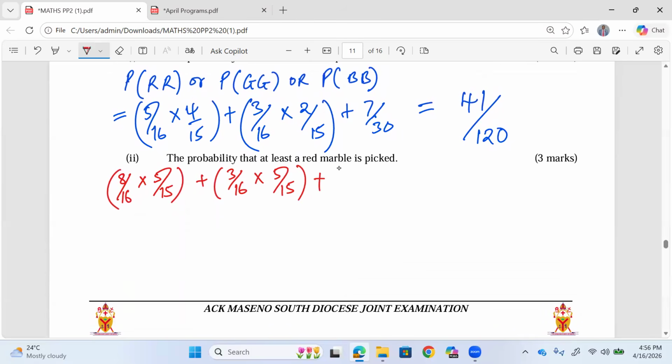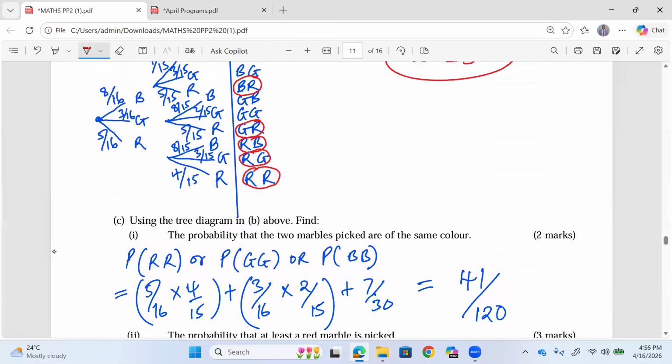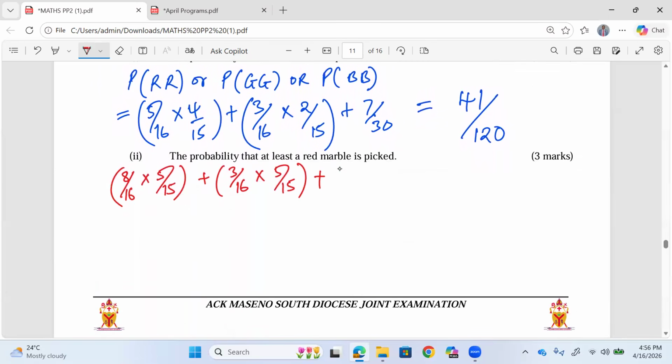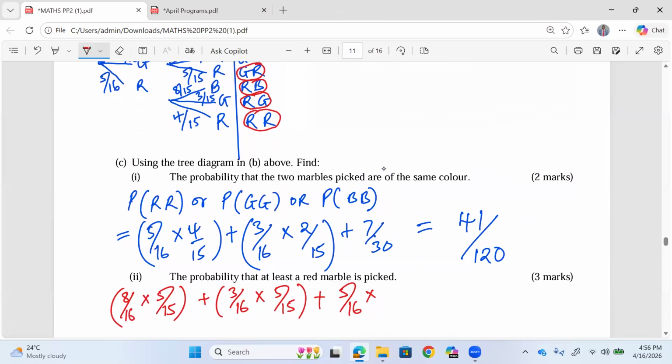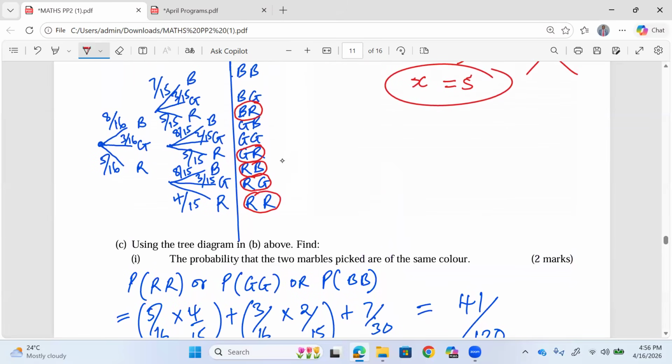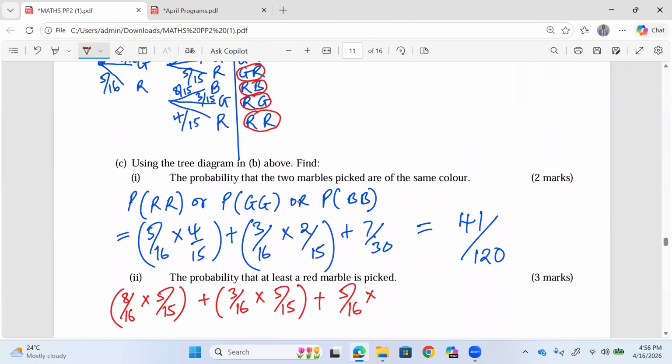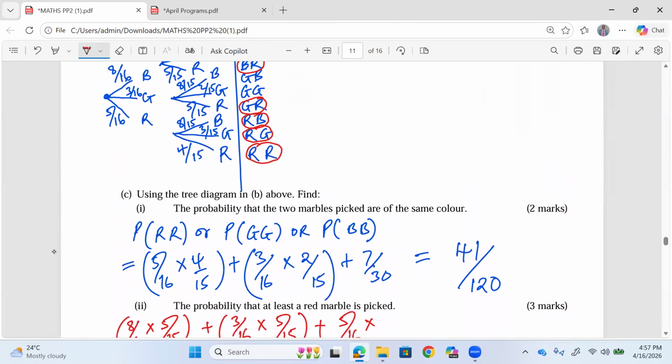Or, at least a red, so red and blue. Red is 5 over 16, then picking a blue. Red, blue: 5 over 16 and 8 over 15.